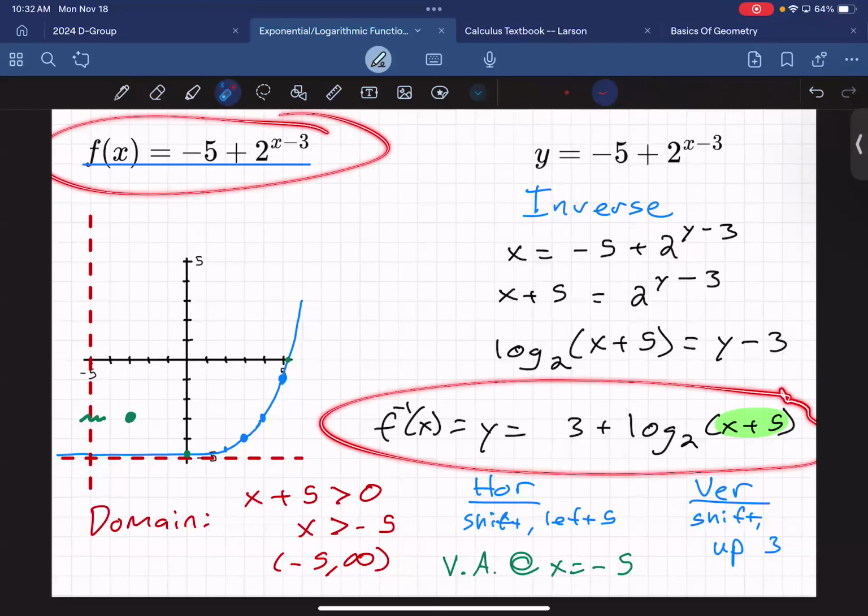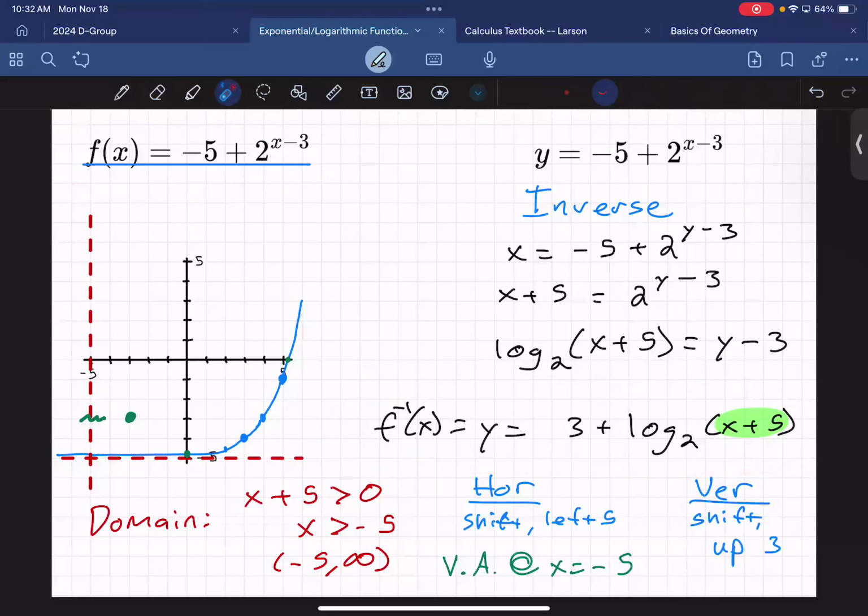What are they to one another? Inverses. And all an inverse is interchanging what? What is this ordered pair here? It's like 3, -4, right? Well, if I interchange 3, -4, shouldn't that become -4, 3?